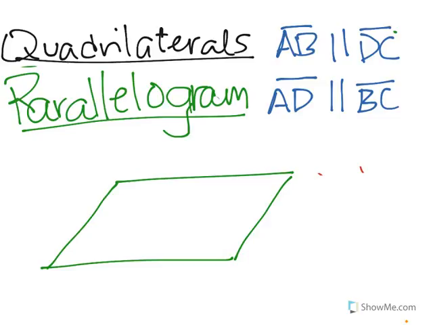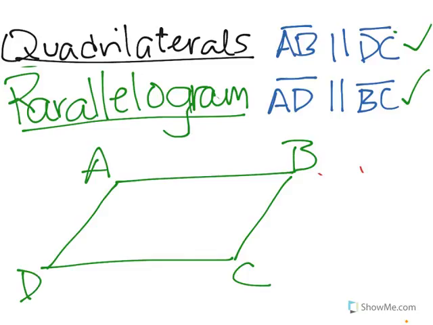Next we have a parallelogram. A parallelogram is just like a squished up rectangle. Opposite sides are parallel. So in this case, AB is parallel to DC, and AD is parallel to BC. Opposite sides are congruent. AB is equal to DC. AD is equal to BC.